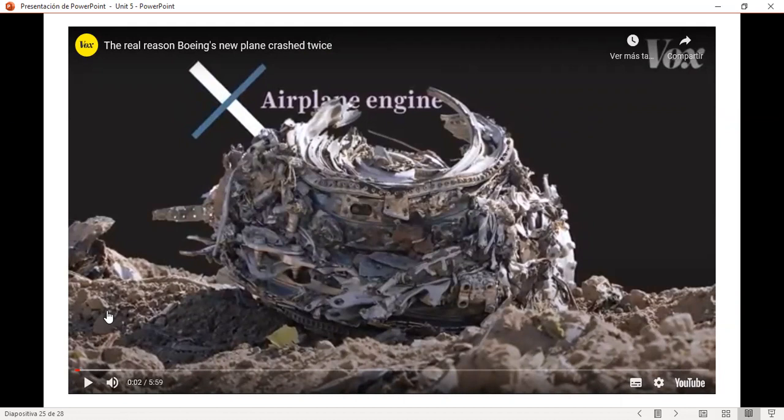So I want to show you a well-detailed example of an examination and investigation of an airplane crash that happened like 5 years ago. I want you to look at how they describe the problem, how they describe the competition between companies, and stuff like that.